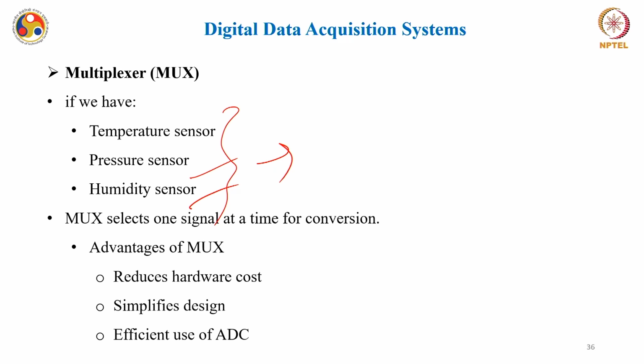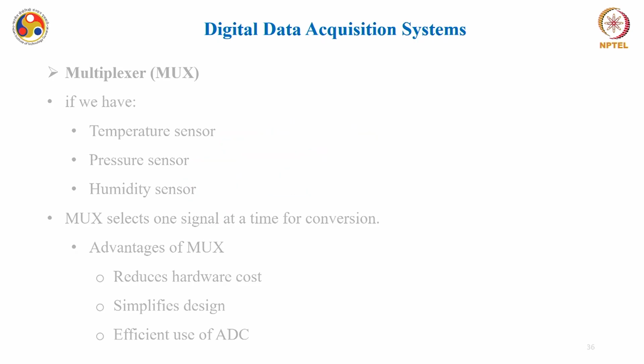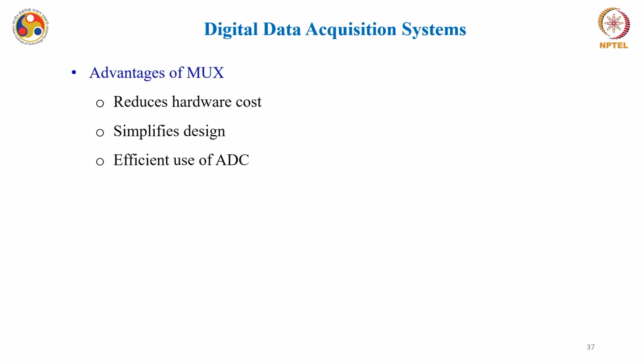What it does is basically reduce your hardware cost. You do not need to connect each of them separately, and it helps you in reducing the hardware cost as well as simplifying the design of your circuit.